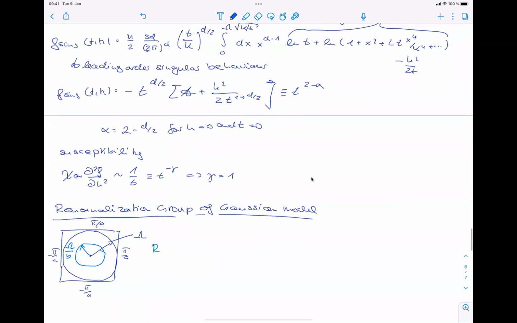So my RG here is to go from lambda to lambda over b. Note, by doing that, I coarse grain out the large q contributions, which are irrelevant for the critical behavior, which we know dominates at the singularity.